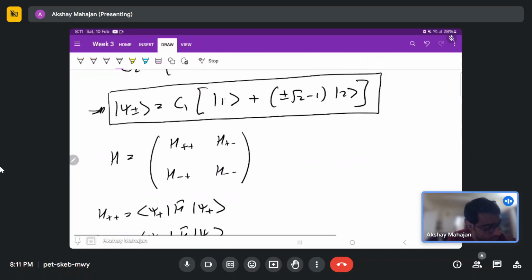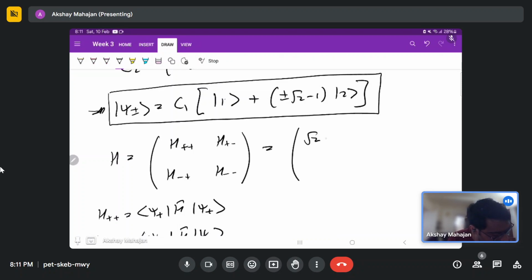So this matrix will be root 2 times epsilon, 0, 0, minus root 2 times epsilon.